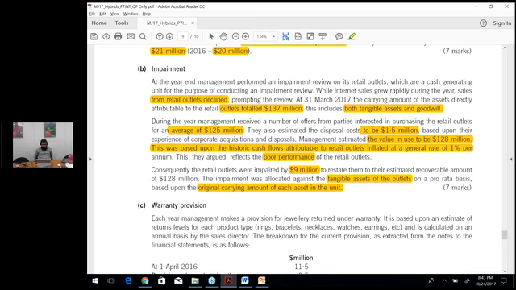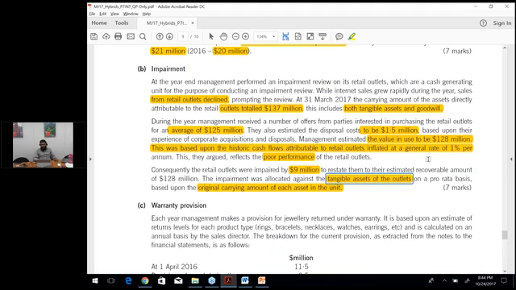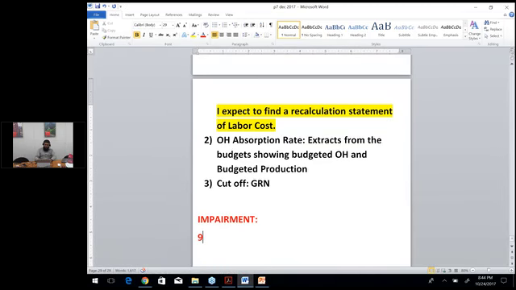That's what IAS 36 states. Now see, here we see the 9 million impairment divided by the PBT.